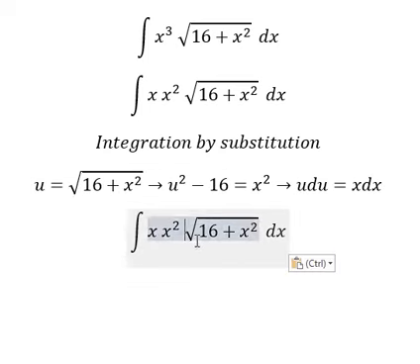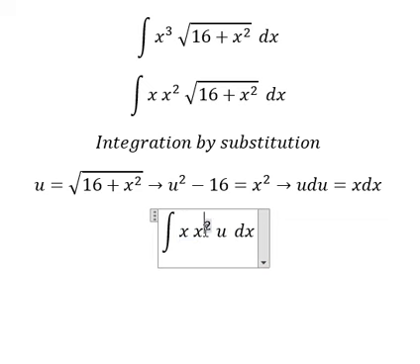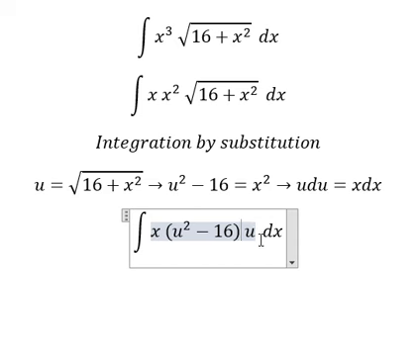The square root we change to u. S square we change to this one. S ds we change to u du.